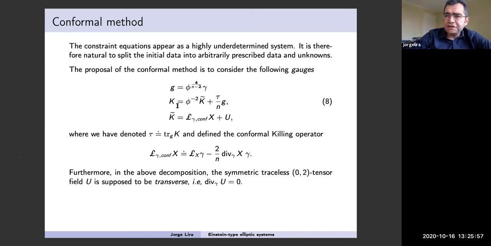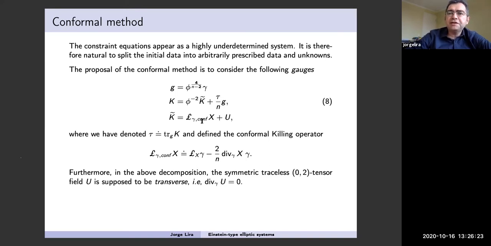That's the convenient splitting used in the literature. K is the second fundamental form. You have here the trace part of the second fundamental form, which is the mean curvature. Tau is the mean curvature, or the sum of the principal curvatures. And this K tilde is the traceless part of the second fundamental form.